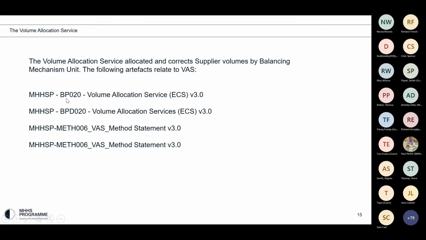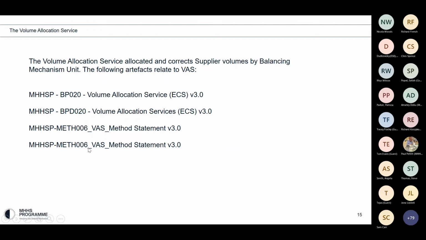Under this, the business process diagram is BP20. The steps in that are reflected in the business process description 20, and then there are the two method statements, the volume allocation service method statement, which sets out the calculations that need to be undertaken by the volume allocation service.